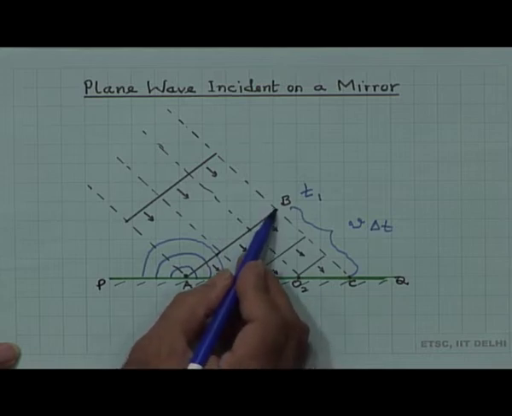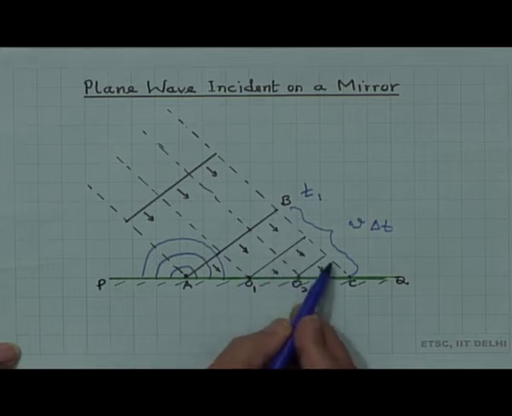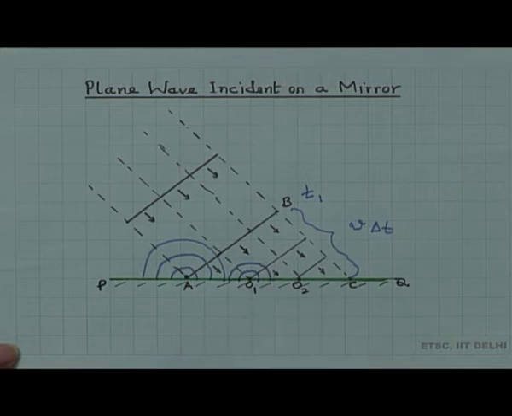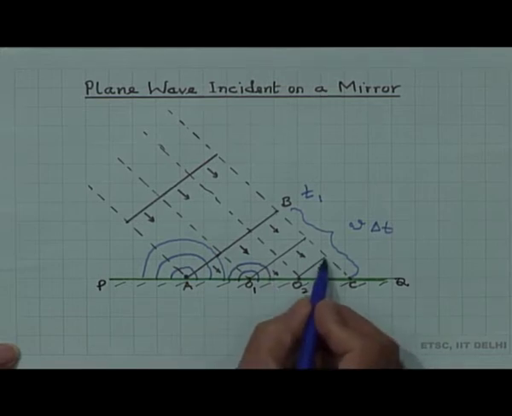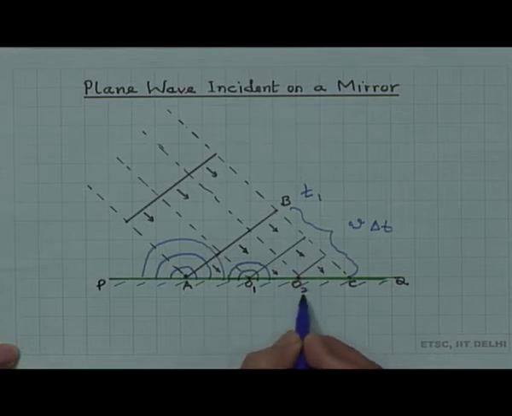By the time the wavefront reaches here, we see that this will reach here, and as this propagates further, this will start giving out secondary wavelets. So, this starts giving out secondary wavelets, and by the time the wavefront reaches here, this point has reached O2.